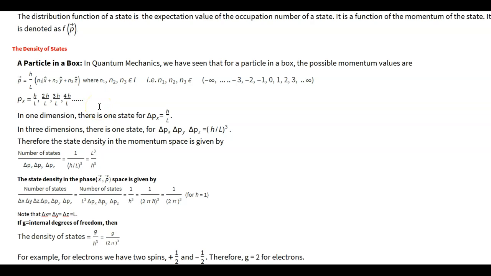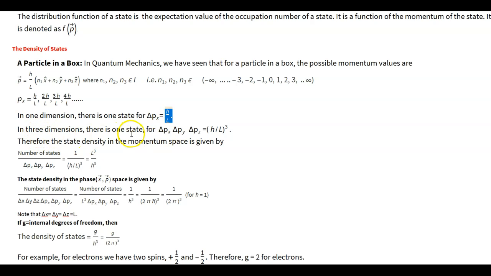In one dimension, for example, n1 takes the value of all integers, and the possible values for px, the momentum in the x direction, are h over L, 2h over L, 3h over L. Basically it is n1 h over L, where n1 is an integer. So these are all the values of px, and note that delta px is equal to h over L.